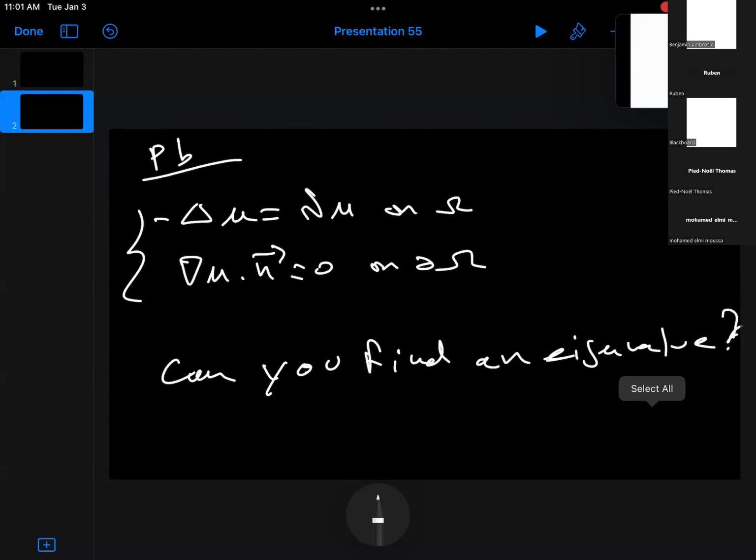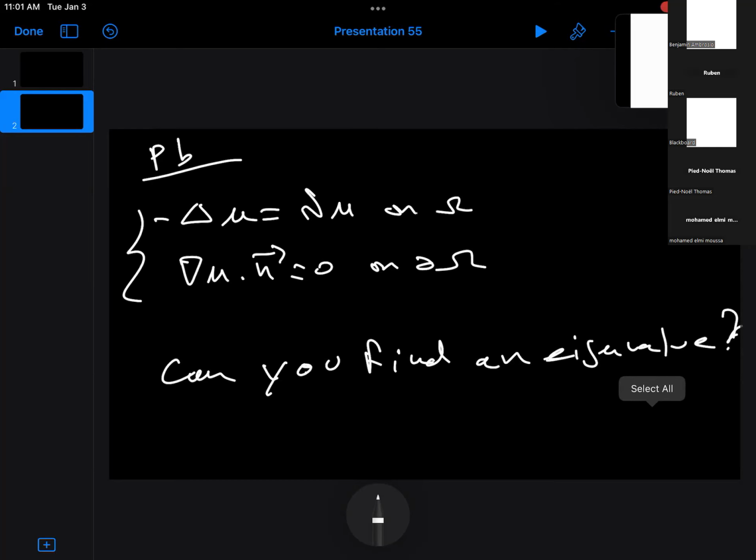So I repeat, can you find an eigenvalue for our problem? Can you see an eigenvalue here?